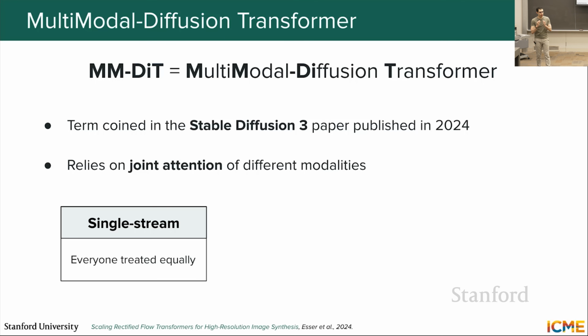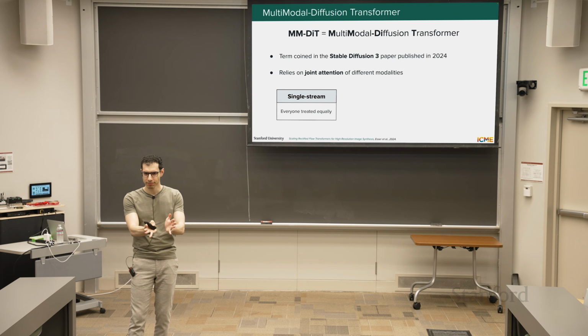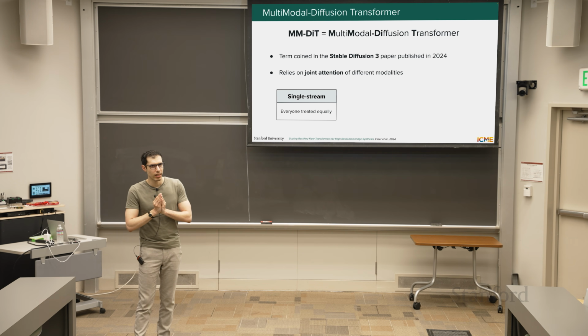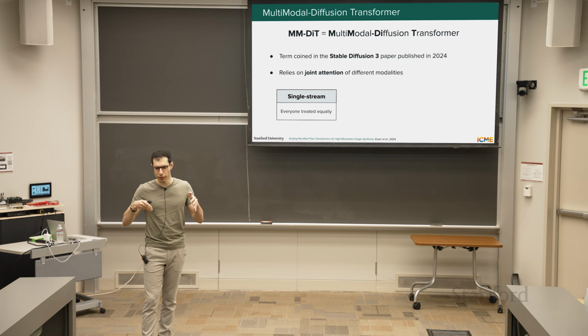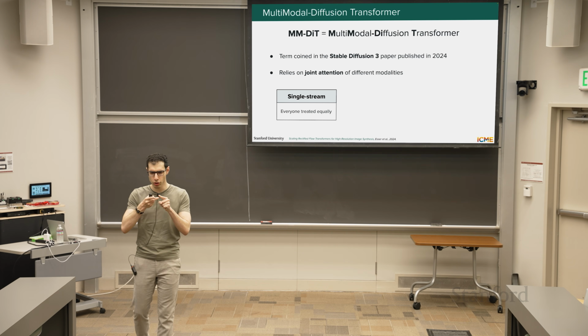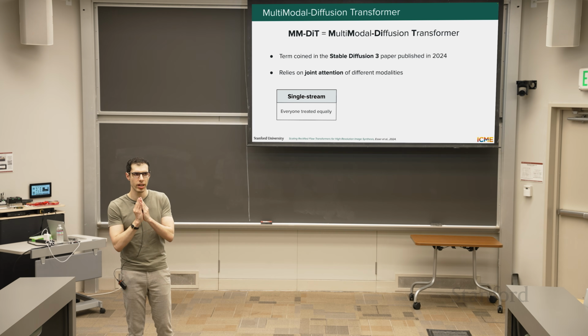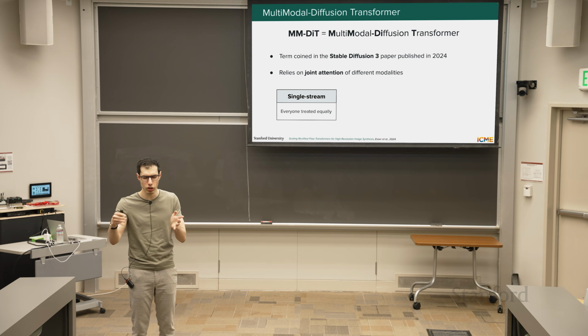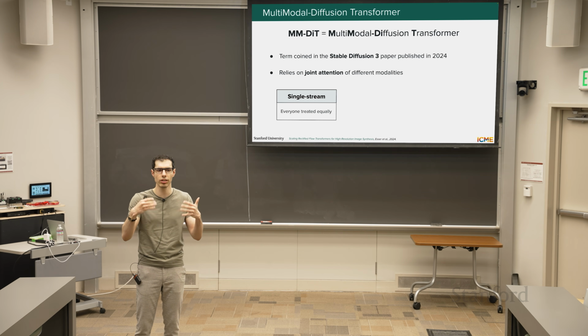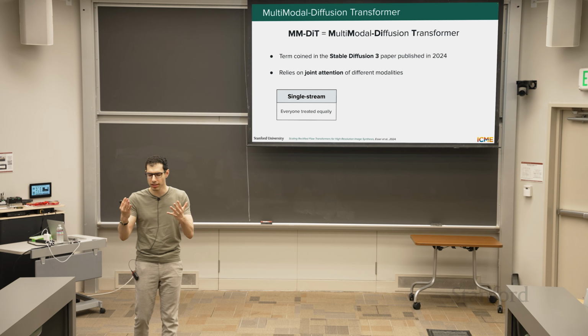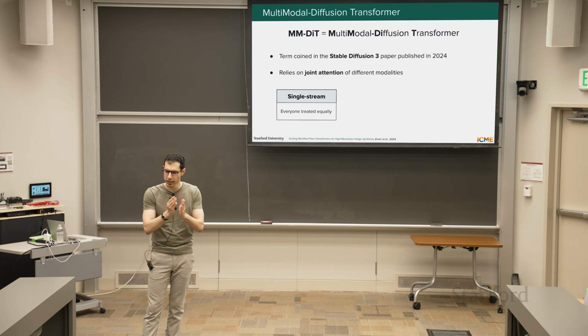Now, there is another dimension that some papers play around with, which is whether you want to consider each modality separately or jointly. And in particular, in the diffusion transformer architecture, you have this feed-forward neural network where you project, you do some activation function, and you project again, where you learn different ways to just represent the same thing.